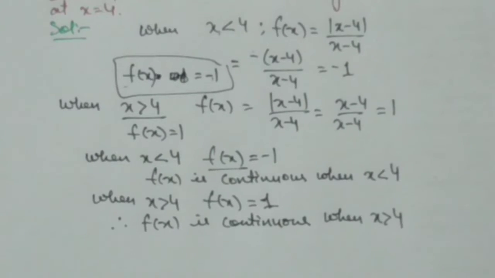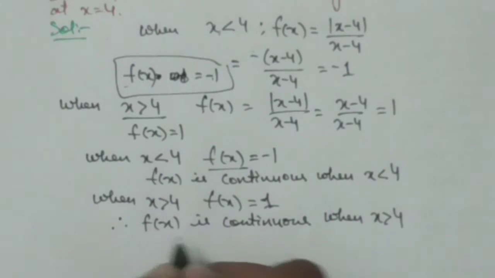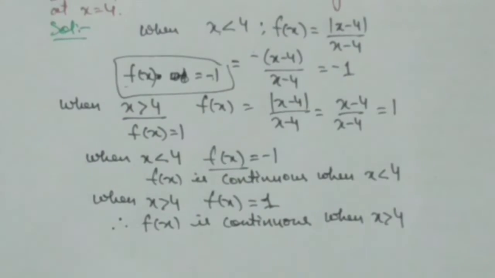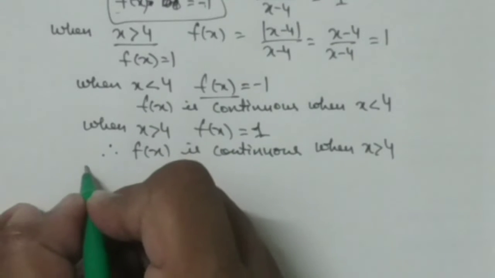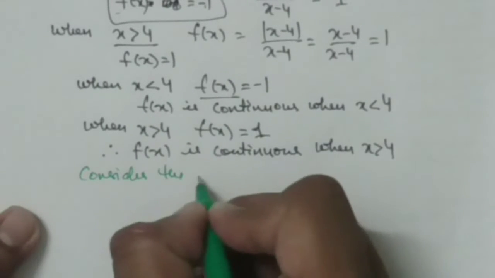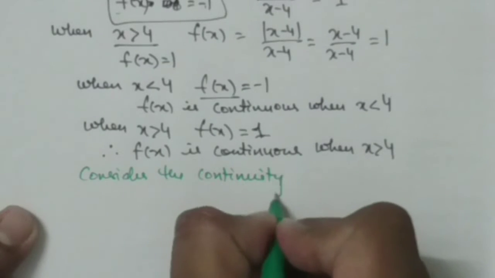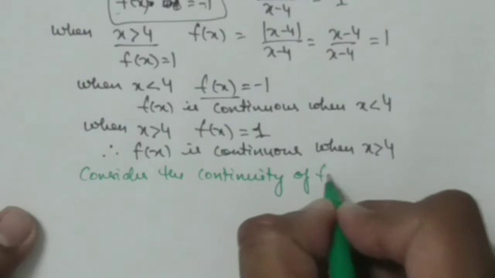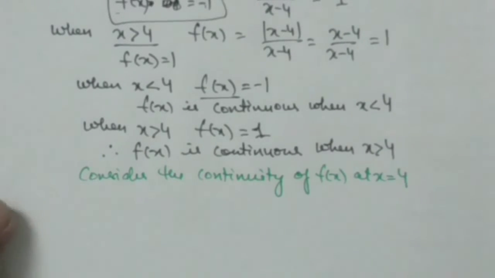Now let us see the continuity of this function f(x) at x equal to 4, right? So what we need to do now is consider the continuity of f(x) at x equal to 4.